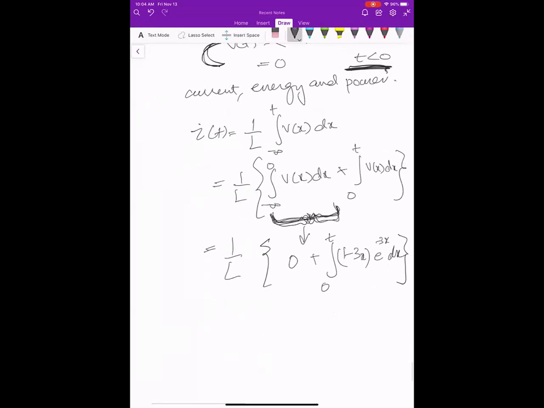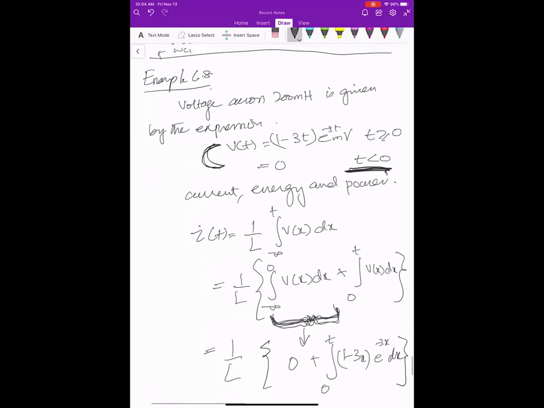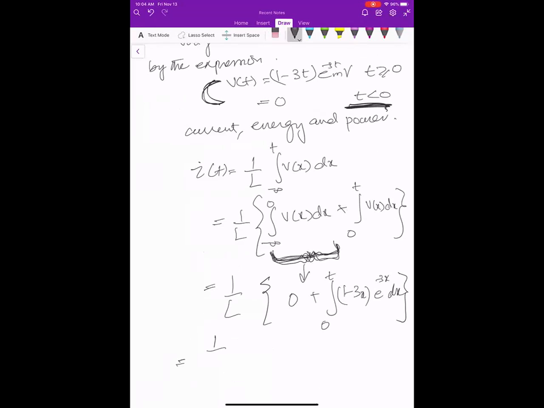And 1 over L means 200 millihenries, so it will be 200 into 10 raised to the power minus 3, integral from 0 to t of 1 minus 3x, e to the minus 3x, dx.